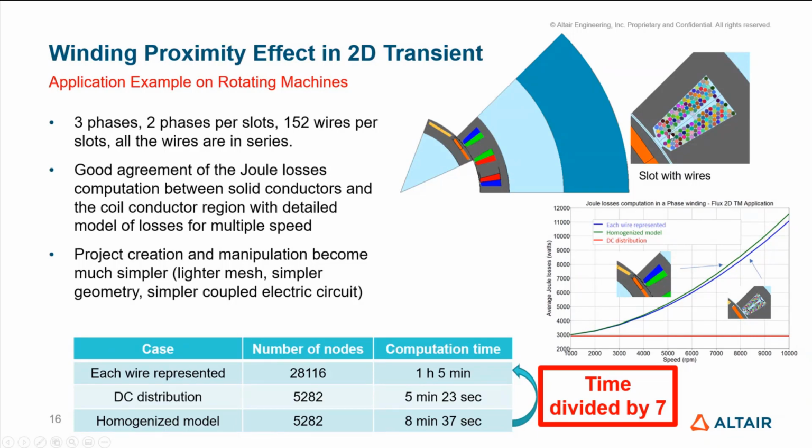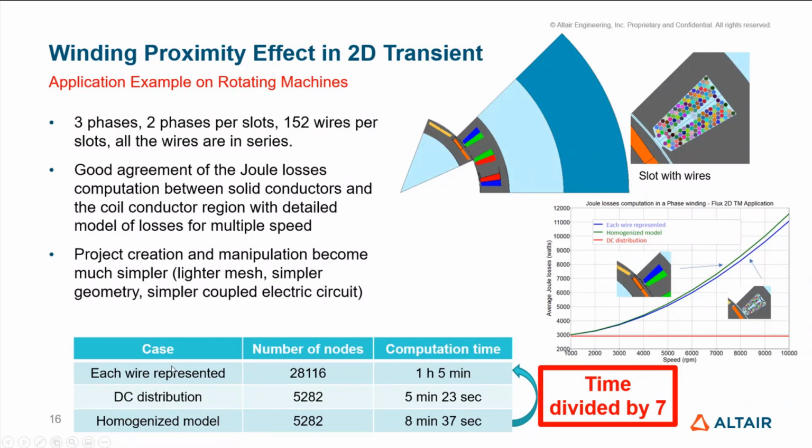The first one is to model each wire presented in a little cycle area here. Or we should try to find a homogenized model. And to date, in Flux 2022, this homogenized model is available in the 2D transient analysis.